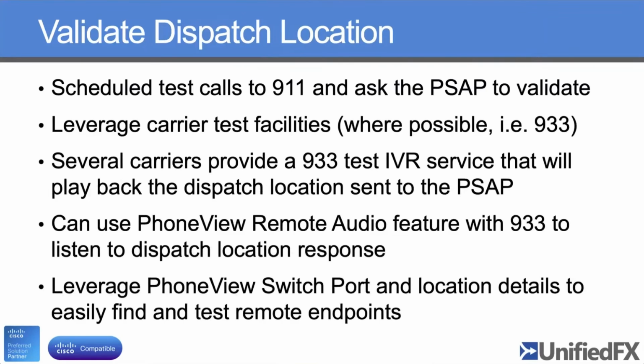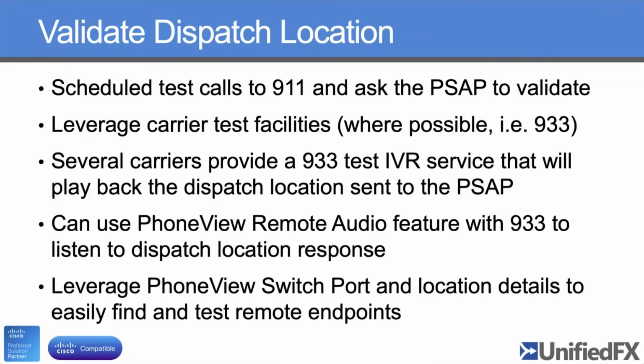Validate dispatch location. This is really about making sure that the location information tied to the relevant extension, etc., has been set correctly. There are different ways you might approach this. I'll maybe not talk to it in too much detail; you can read the slides yourself. But ultimately, sometimes you ask the person at the public service answer point to validate it.